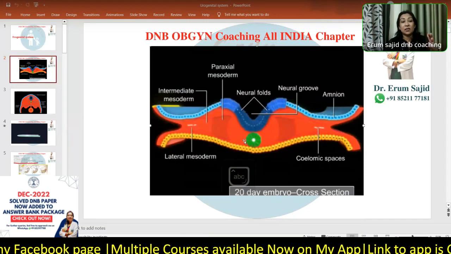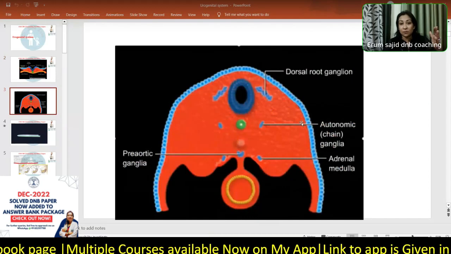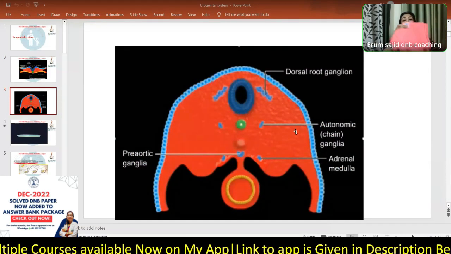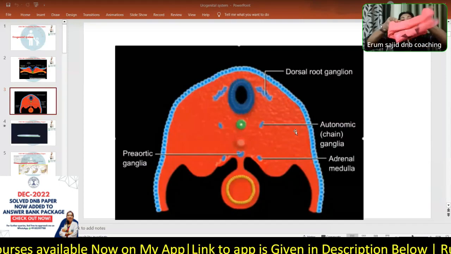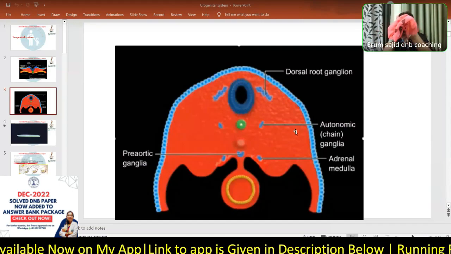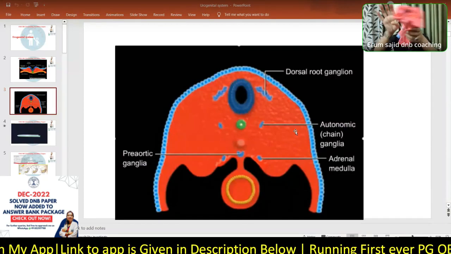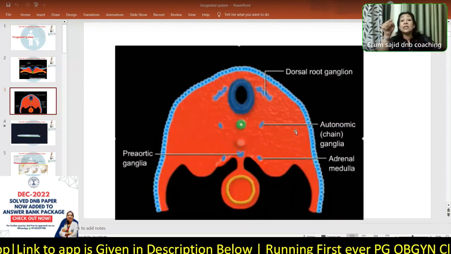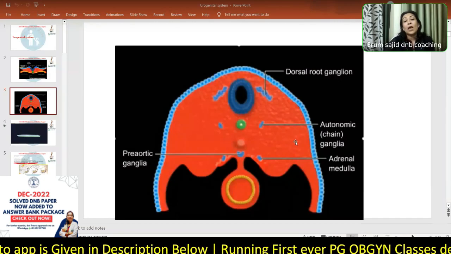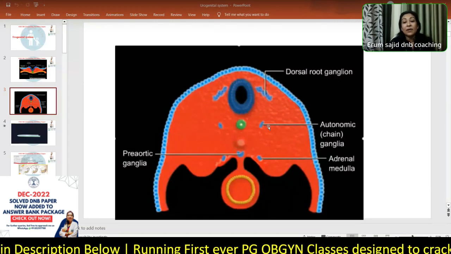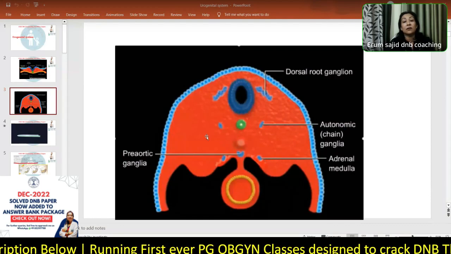And after this, in the development, this stage comes. Because now the embryo, like I told you, is not just like this, it's folding like this also. It's folding on itself, and then it's folding craniocaudally as well. So when it's folding on itself, this is the structure that gets formed. And here now you have, around this, the paraxial mesoderm, but the intermediate mesoderm has gone here, okay?